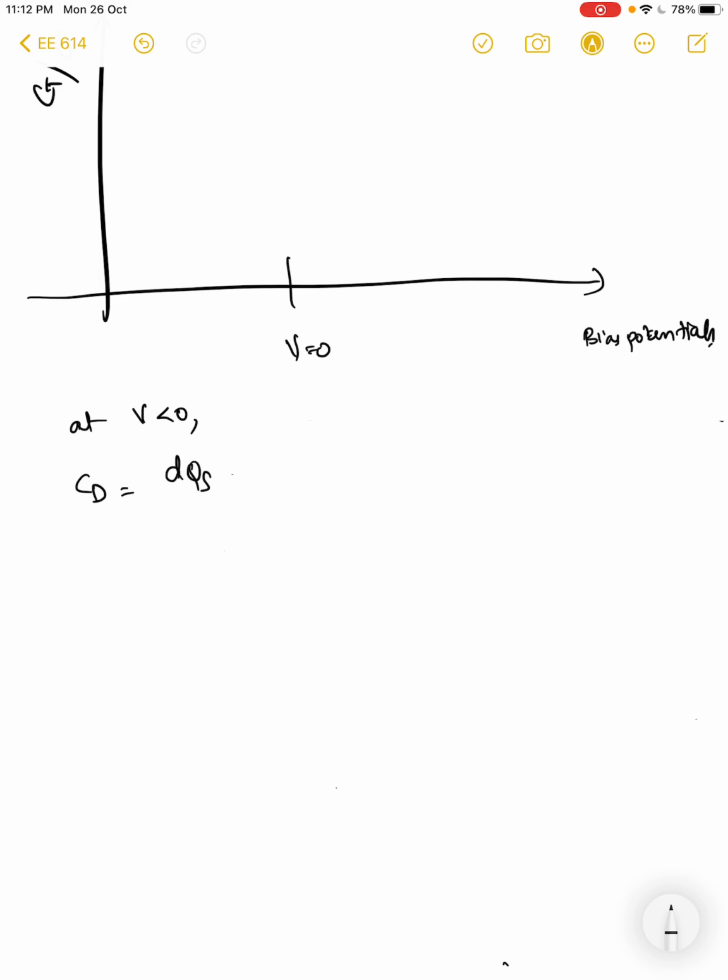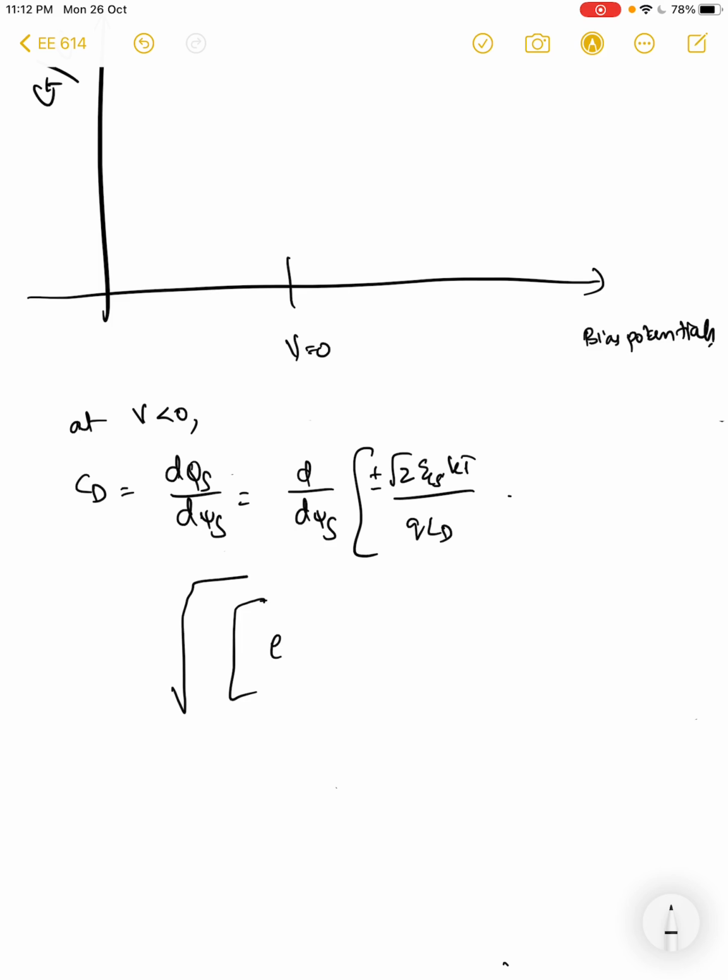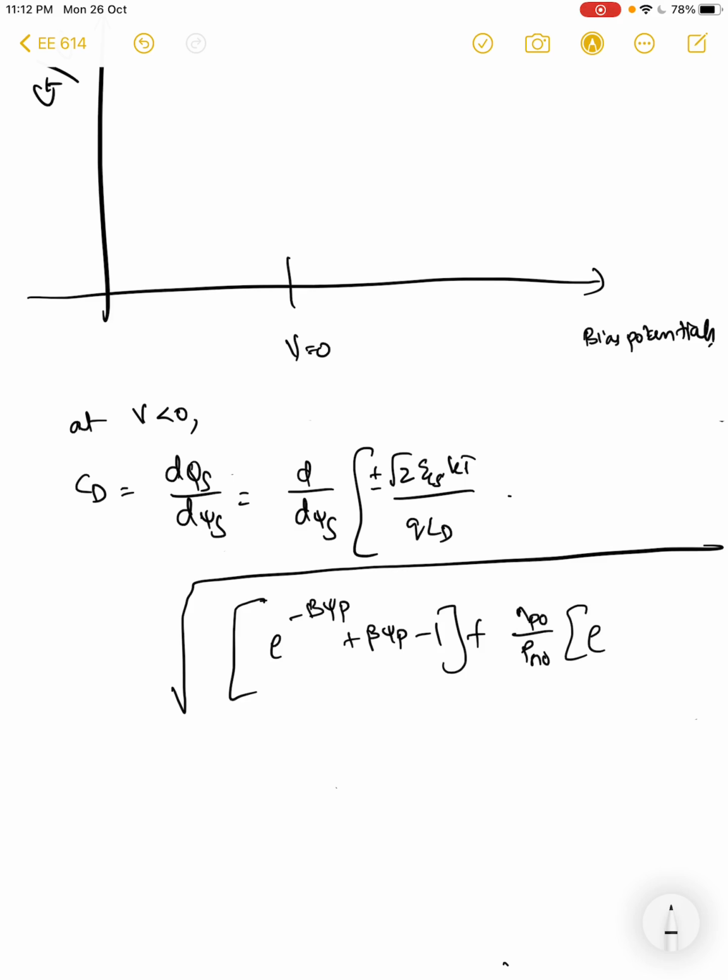which is dQs by d psi s, and Qs we know is plus or minus root 2 epsilon s kT by q L_D times the square root of e power minus beta psi s minus 1 plus e power beta psi s minus 1 and so on.